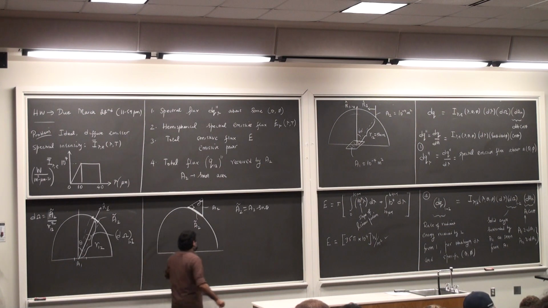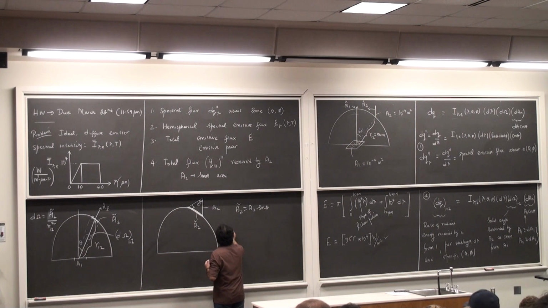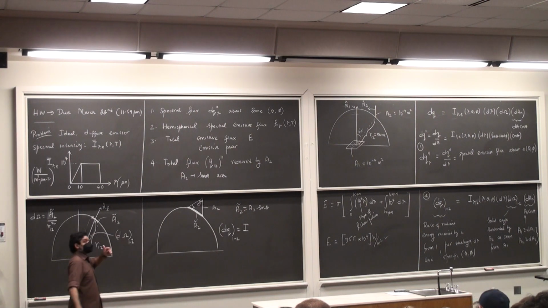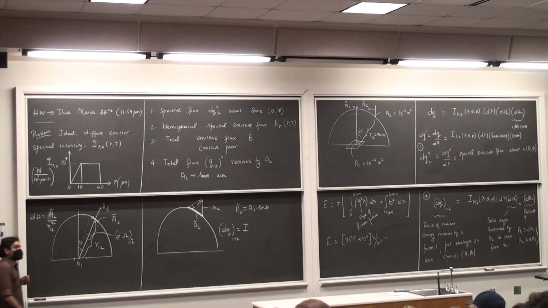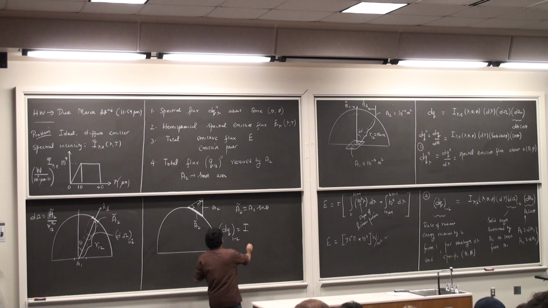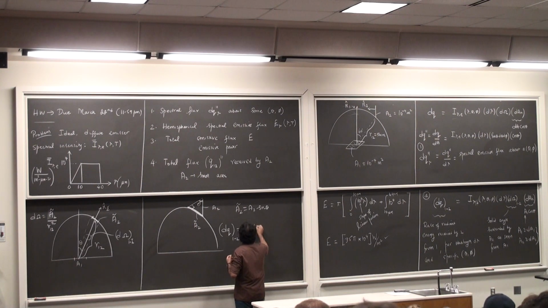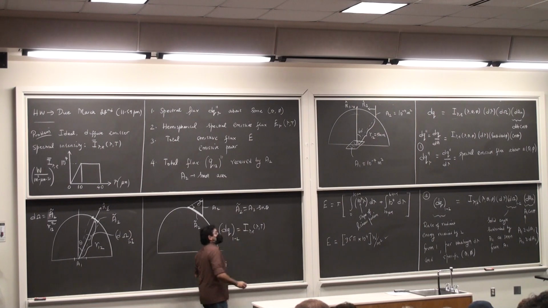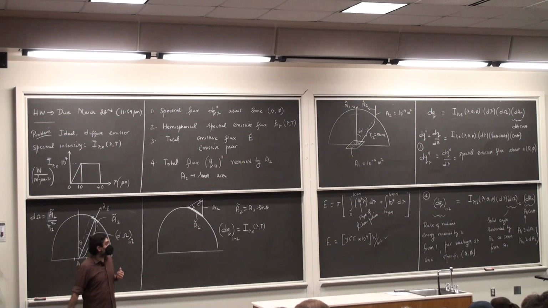Okay, so going back to that, we have dq 1, 2 is now. And notice, this is the intensity of radiant energy coming from surface A1, which is a diffuse emitter, so it is independent of the angle anyways. So this is lambda comma E, lambda comma T only, no theta and phi dependence.